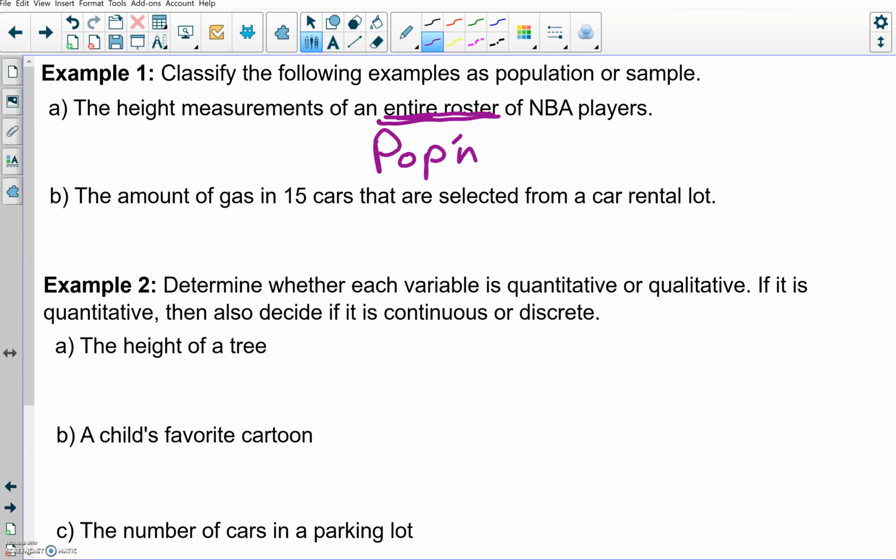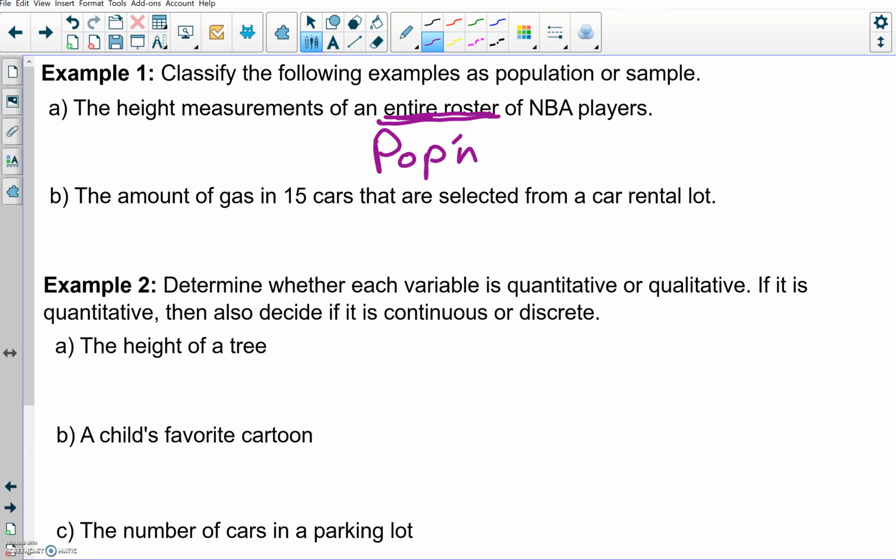And then the amount of gas in 15 cars selected from a car rental lot. Well, we're going to assume that there's more than 15 cars on this lot. They don't tell us that, but we're going to have to assume that, and that's something you'll do a lot of times. Car rental lots are usually pretty big. Especially if you go down to the airport in Phoenix, you're going to see hundreds of cars out there on the rental lots.